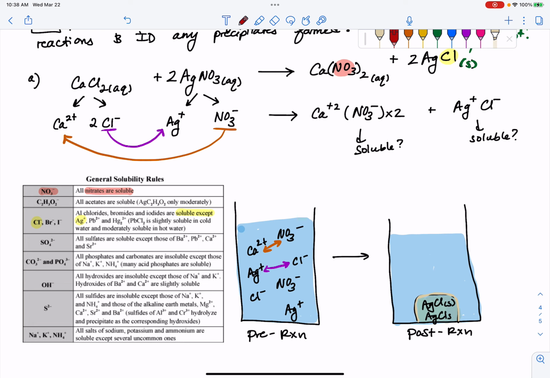And let's do some counting of ions to make sure that we're following the law of conservation of matter. So both my silvers and my chlorines have become solids, meaning that I now am going to look at the association between calcium and both of my nitrates.